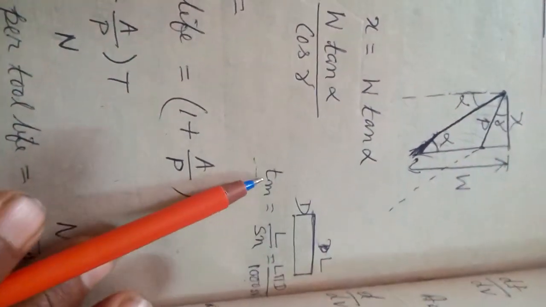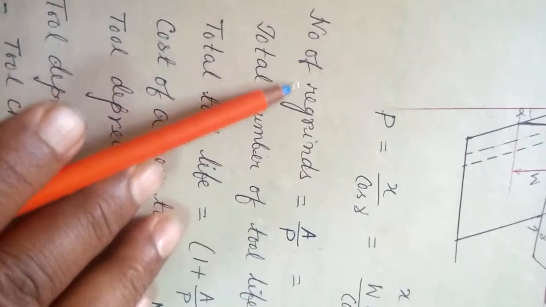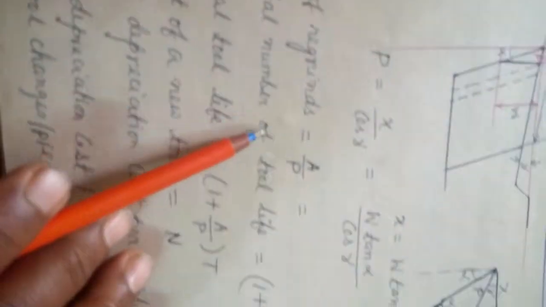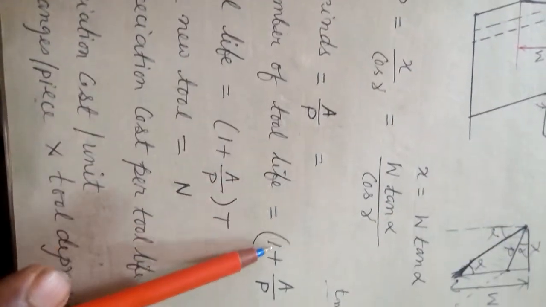This is D. This is L. So T mean is equal to S L by Sn, that is L pi D by 1000 S into V. Number of regrinds A by P. Total number of tool life is 1 plus A by P. Total tool life is 1 plus A by P into T.